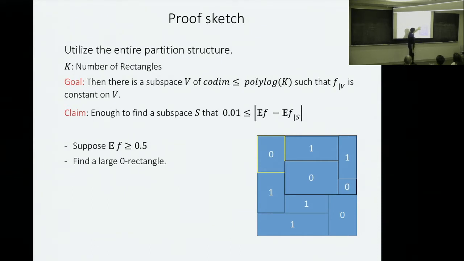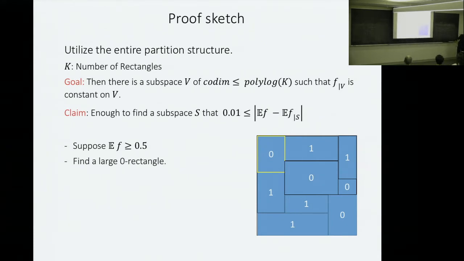First of all, even though the average is more than half, we know that there is still a large zero rectangle, because there is a portion of the space that is zero. Otherwise, we could directly apply the uncertainty principle and say your function has to be completely constant. So we still know that there is a zero rectangle, and let's say this is the one.